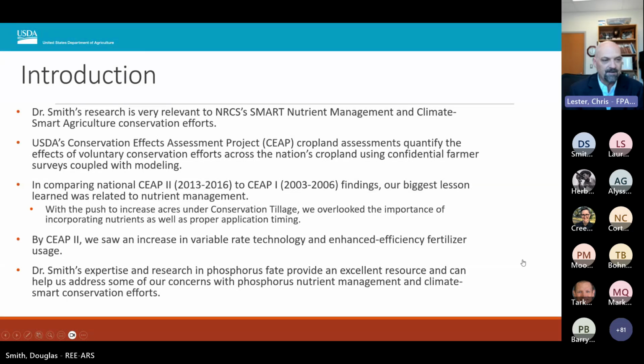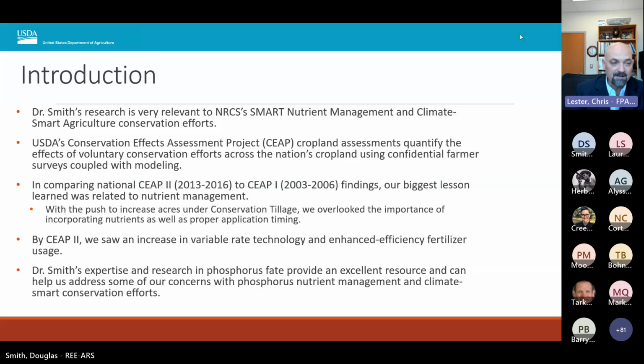Dr. Smith's research is very relevant to NRCS's smart nutrient management and climate smart agriculture conservation efforts, and USDA's Conservation Effects Assessment Project, or CEAP, Cropland's assessment, which quantifies the effects of voluntary conservation efforts across the nation's cropland using confidential farmer surveys coupled with modeling.